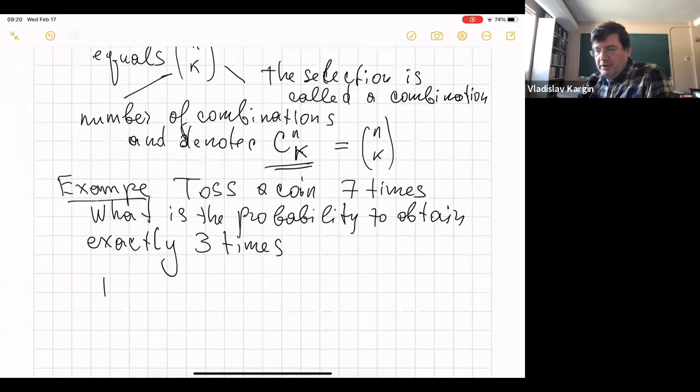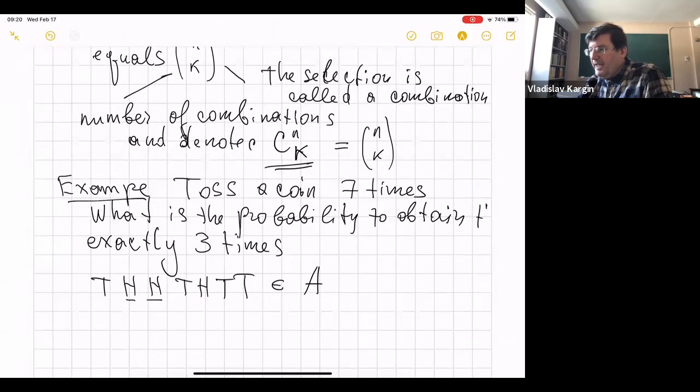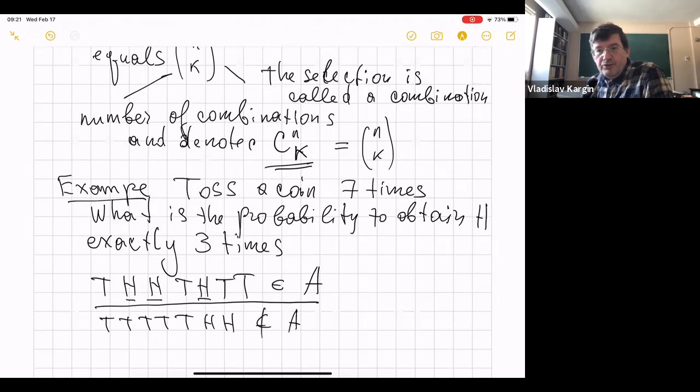So for example, tail, head, tail, head, tail belongs to this event, because there are 3 heads. To obtain head exactly 3 times. So this is a good case. If we would have something like tail, head, this doesn't belong to it because it's 2.